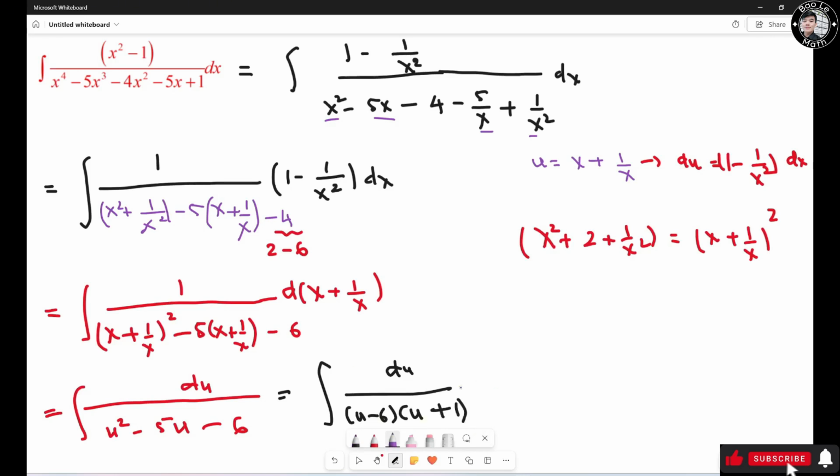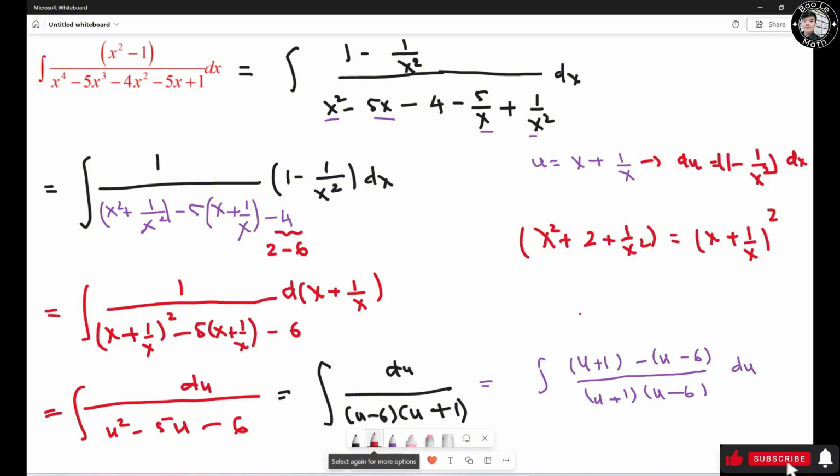And this one can be written as the integral of u plus 1 minus u minus 6 over u plus 1 times u minus 6 du.